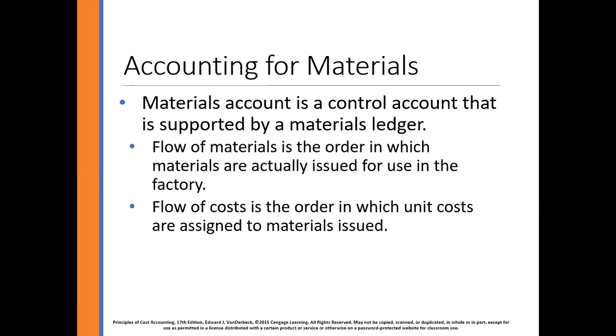And just like it shows here, the flow of materials is the order in which materials are actually issued for use in the factory. So we purchase materials and then materials are sent to the factory to be used. And the flow of cost is the order in which unit costs are assigned to the materials issued. I don't know what bicycle manufacturing prices are, but let's just say, for example, that the frame for our bike is $10 per unit.